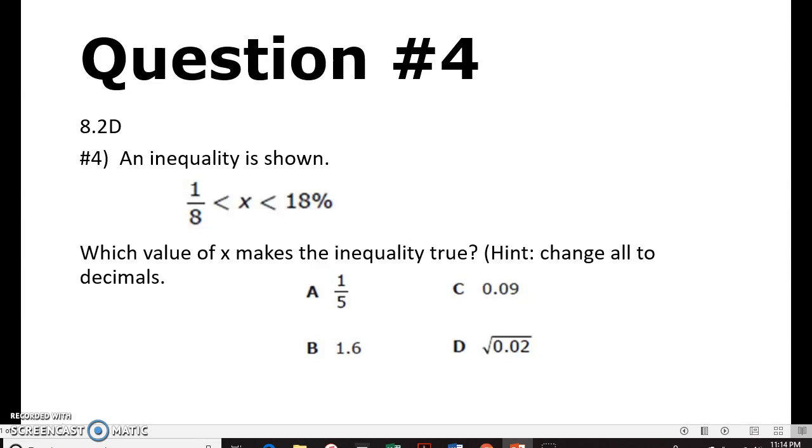Question number 4. An inequality is shown. Which value of x makes the inequality true?